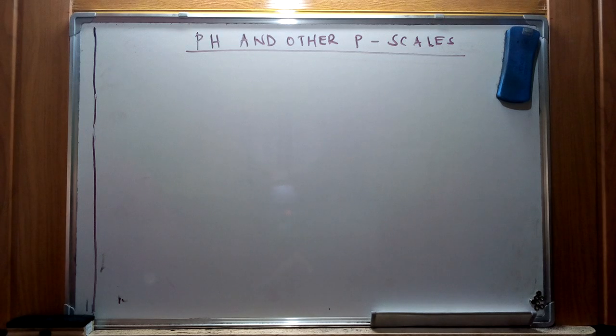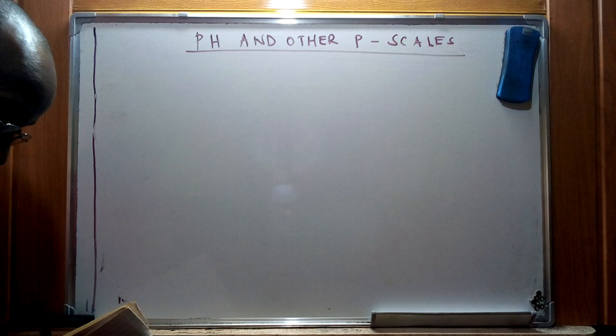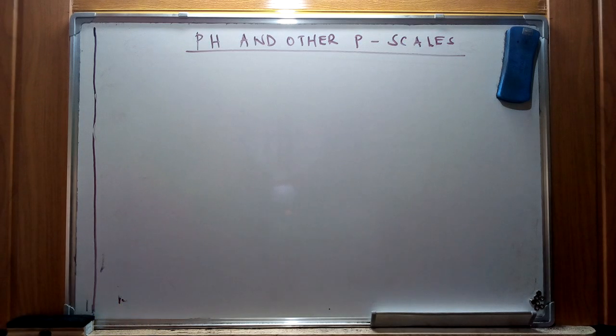So today we are going to look at the pH and the other pH scales. In our last discussion on auto ionization of water, we had given it as a reference point in trying to identify substances as either acids or bases. That was in addition to the previous topics on the various definitions of acid and base: the Bronsted-Lowry definition, the Arrhenius definition, and the Lewis definition.